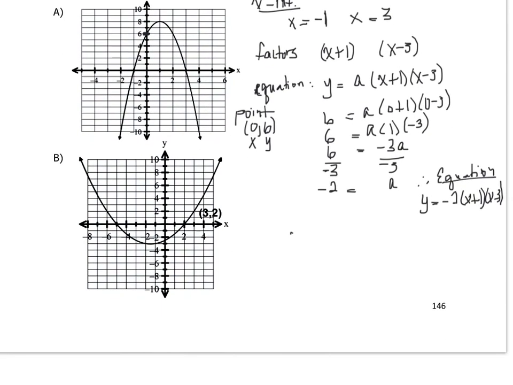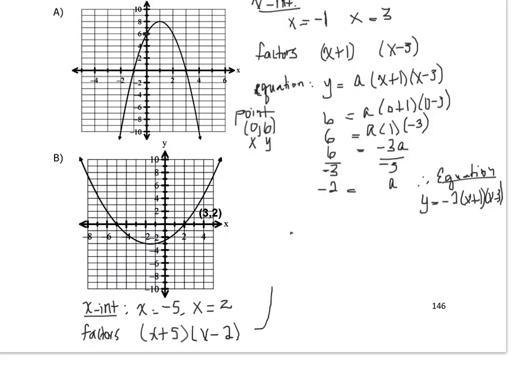Alright, the next example has x-intercepts, and I'm going to use this space down here so I don't run out of space. One is x equals -5 and the other one is x equals 2. So I'm going to go to my equation. I know the factors would be x plus 5 and x minus 2.